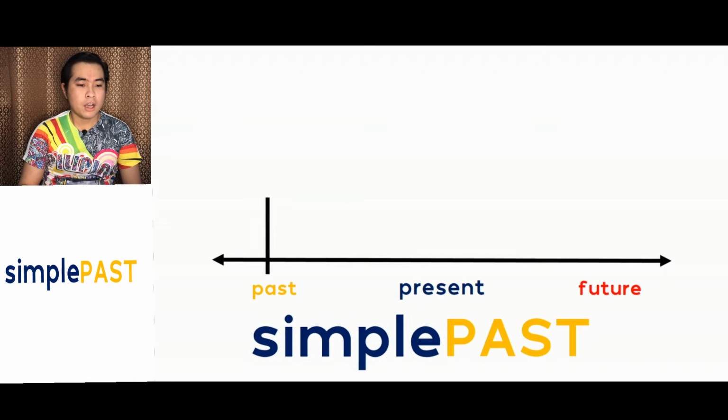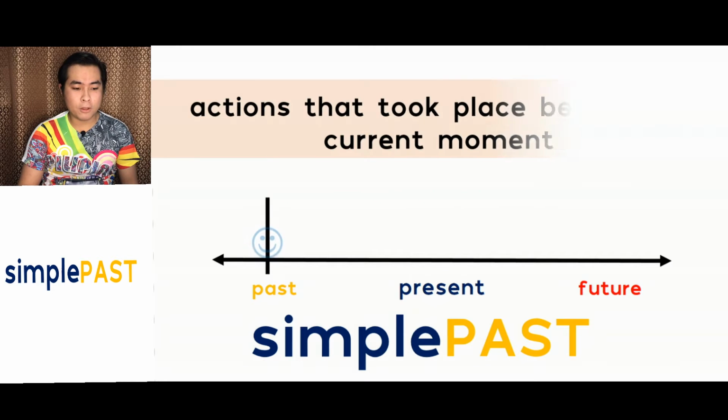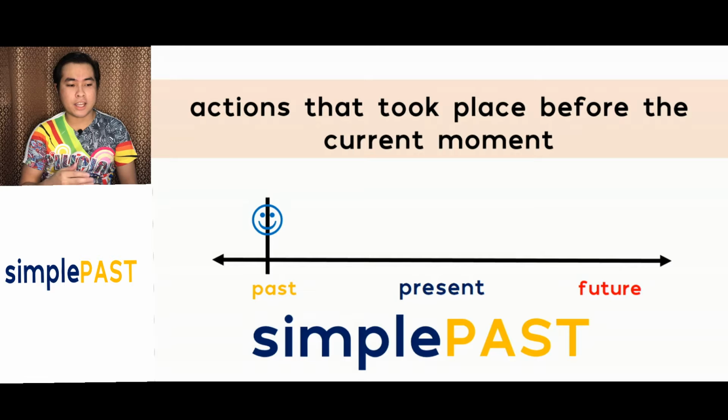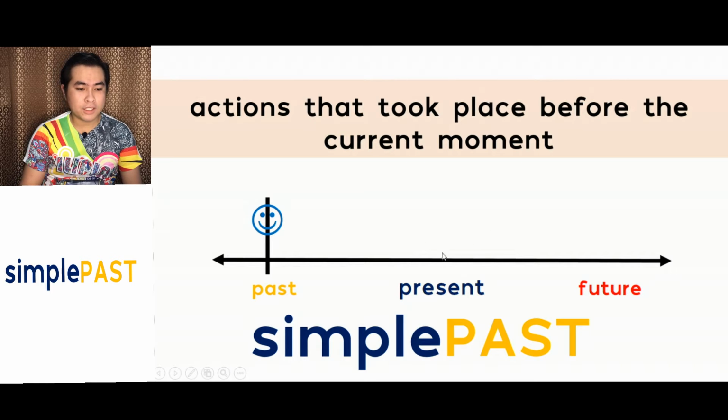An example of this is the graphical picture here that we have the smiley. We have actions that took place before the current moment. As we all know, the current moment is here, the now, and then we have the past here. So actions that took place before.